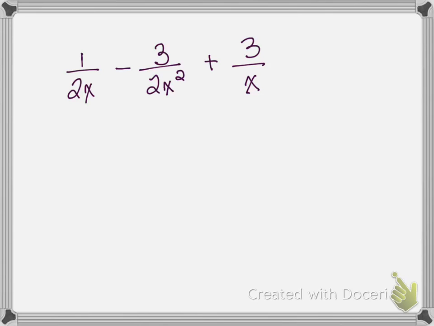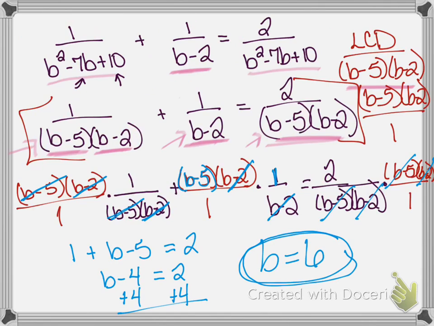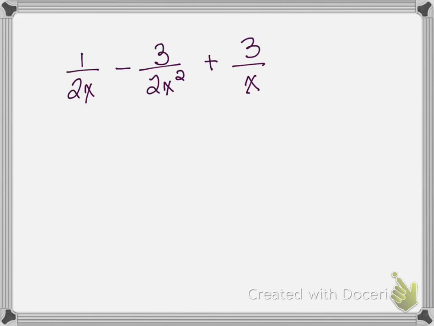What do you notice here that is different than here? What is missing? What is not included here? Equal sign, okay? So you've got your equal sign right here. There's no equal sign right here, okay?